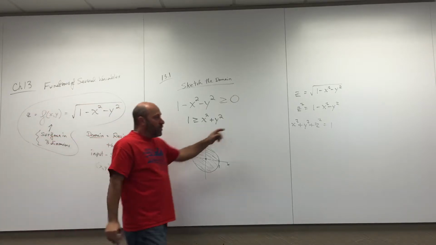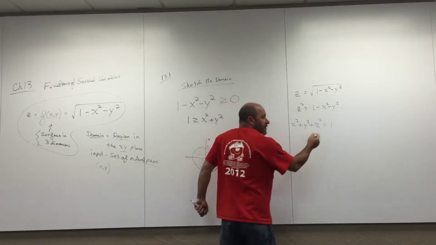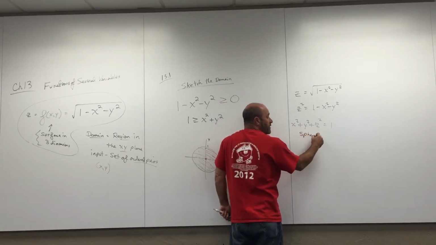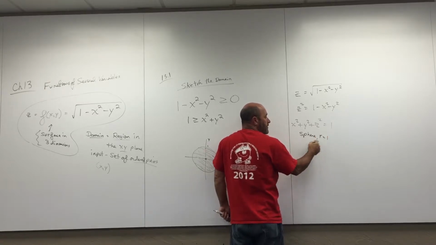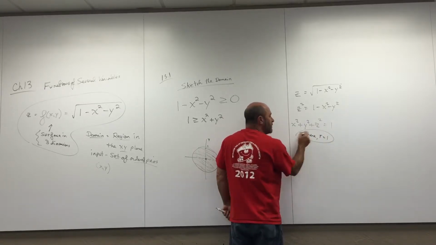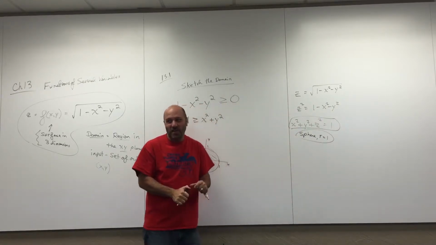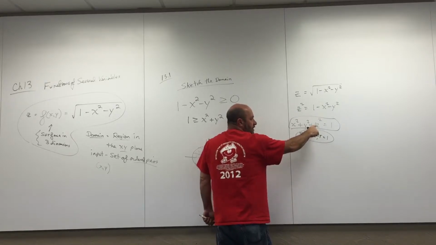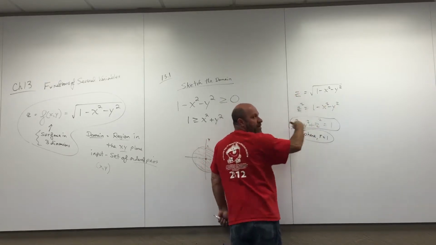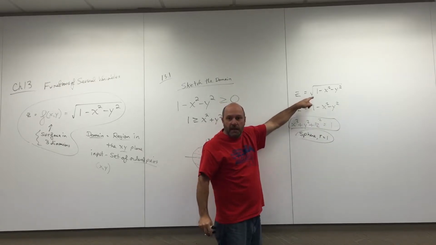At the end of this problem, we figured out that what we were dealing with was a sphere of radius 1 centered at the origin. But if we did solve this for z, what happens? You kind of go backwards. You move the x squared and y squared over. You take the square root of both sides.